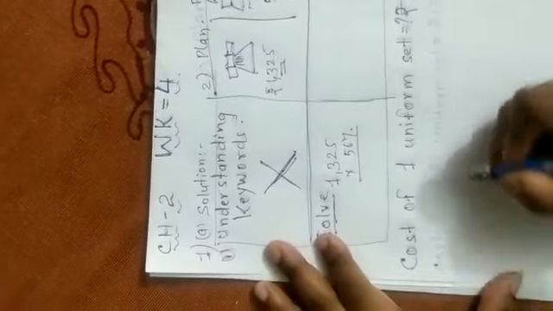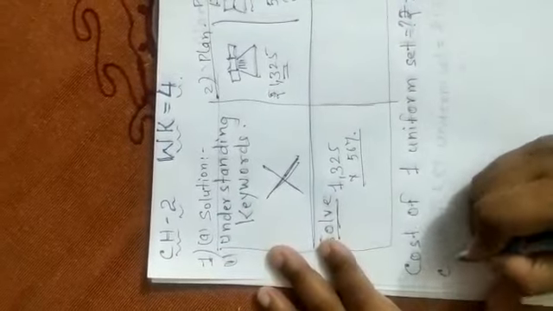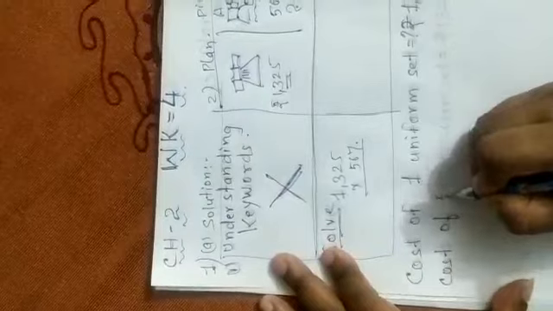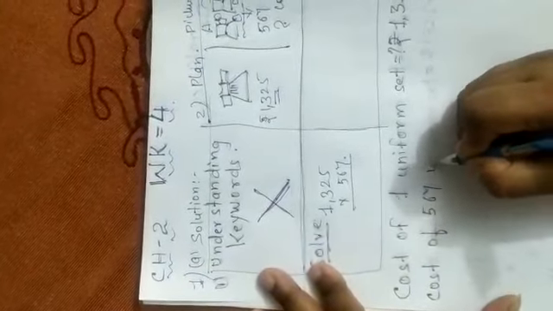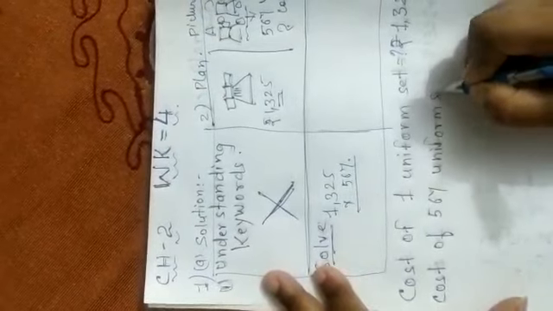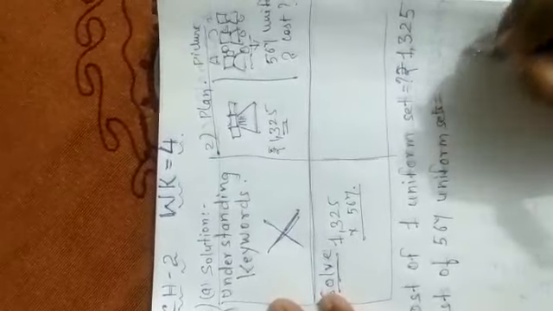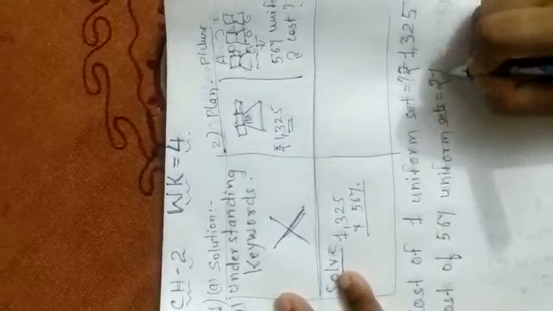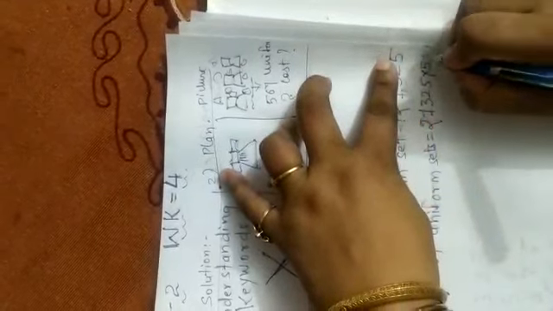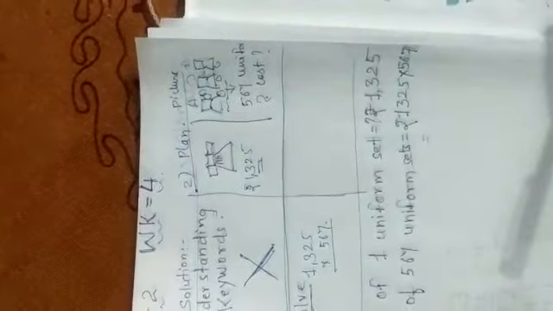The question is, what is the cost of 567 uniform sets? So the cost of 567 uniform sets is, multiply the cost of one uniform set, 1325, with the number of uniform sets, 567. Then we will get the value of the 567 uniform sets.